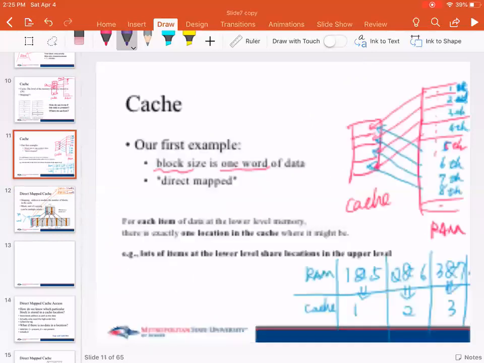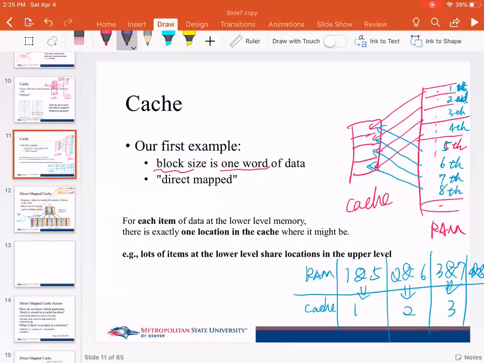So remember that we have many data inside of the RAM, and we have limited amount of space in the cache. And according to the address of the data, we could determine, if this is the first data and my cache only has 4 different locations, I will put it into the first location.